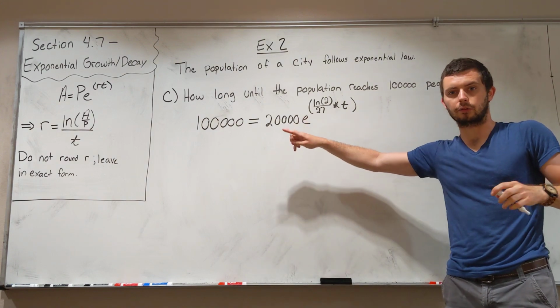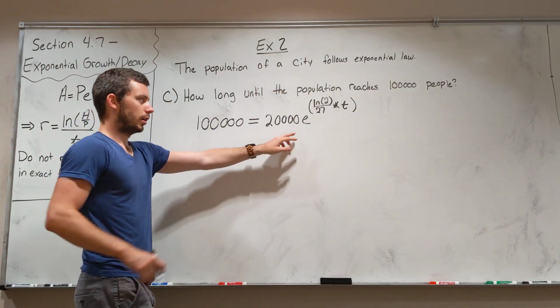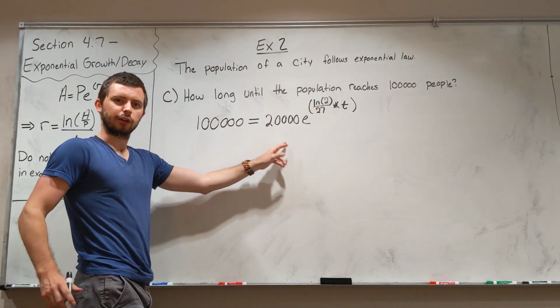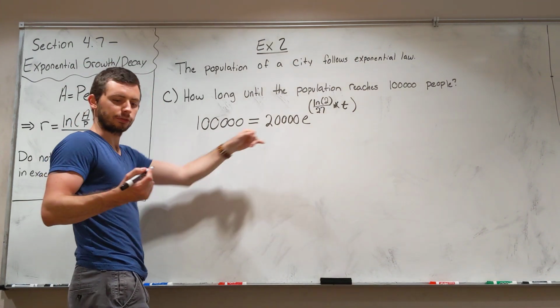We divide both sides by 20,000 to get the exponential part by itself. And after dividing both sides by 20,000, 100,000 divided by 20,000, that's just 5.